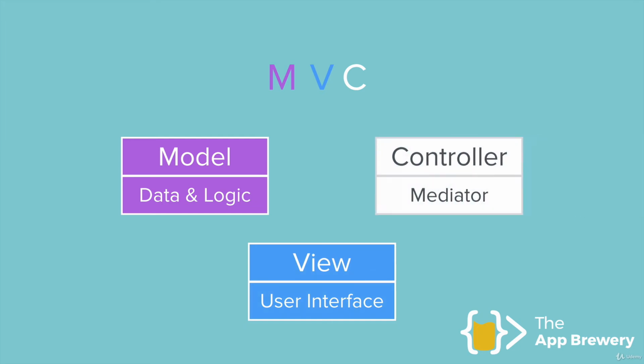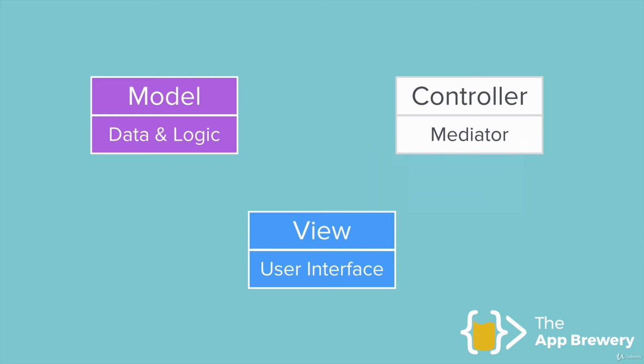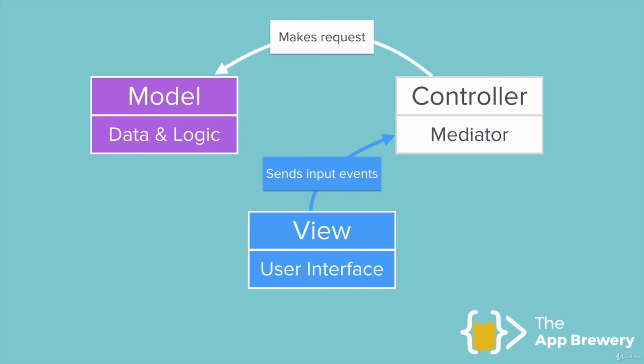Now finally, we have our C, which is our controller, and this is the mediator of it all, the conductor, if you will. And so if we had an app where the user taps on the user interface, then we would get a message from the view component to our controller, sending over those input events. And then our controller interprets that and maybe makes a request to our model for some data.